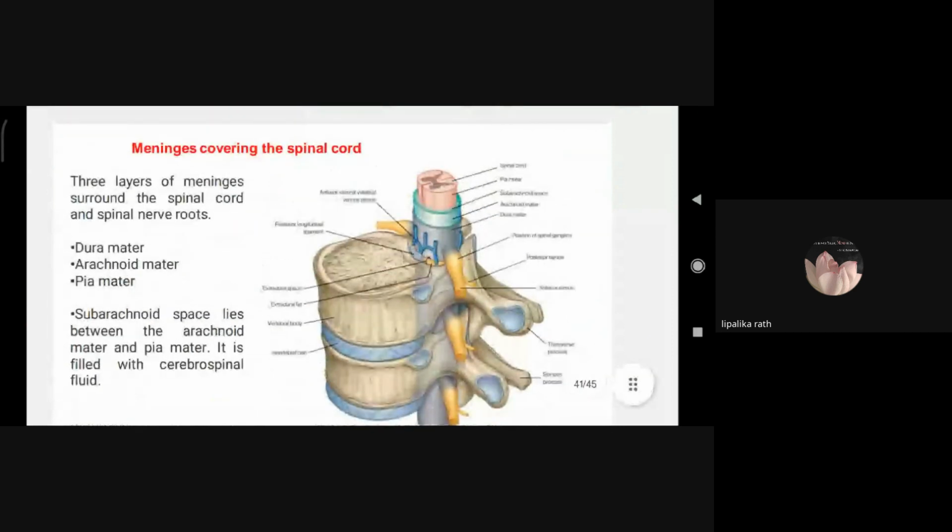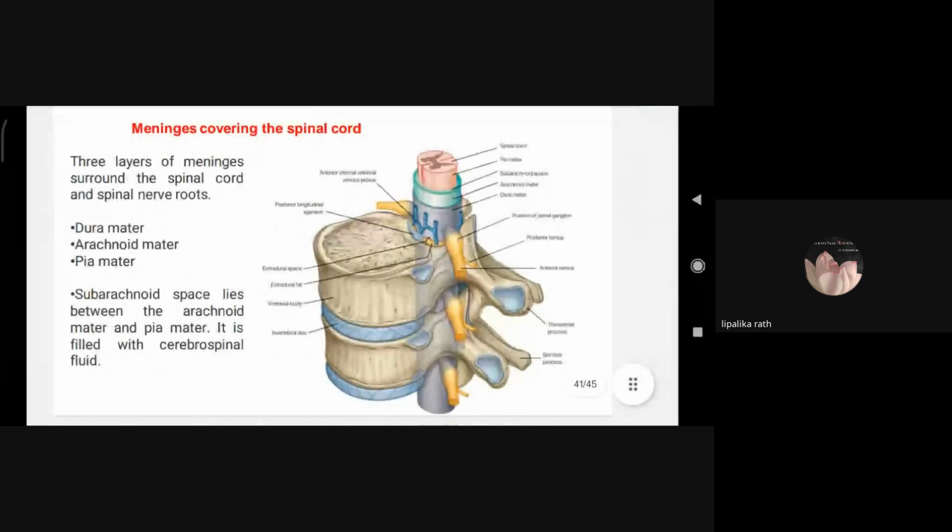So here in this picture, you can see a detailed view of how the spinal cord is layered. Okay, so meninges cover the spinal cord. Three layers of meninges surround the spinal cord and spinal nerve roots, the same dura mater, arachnoid mater, and pia mater.